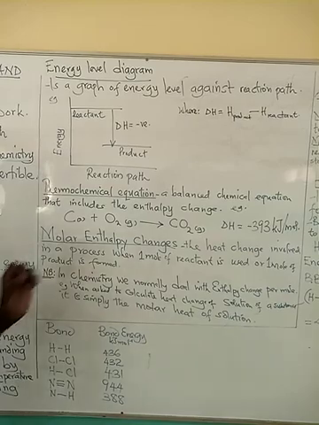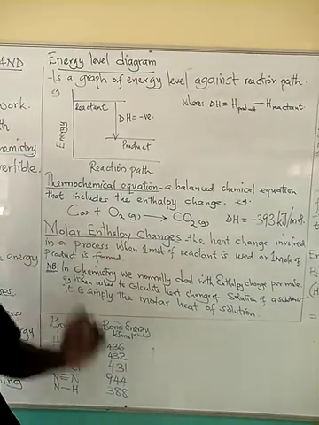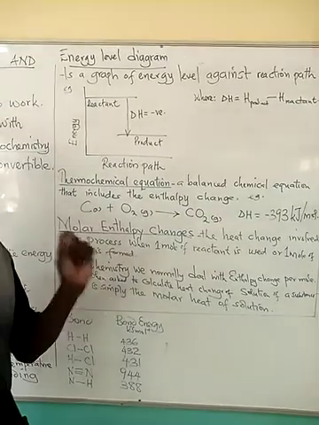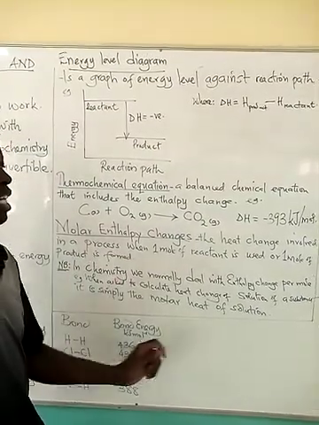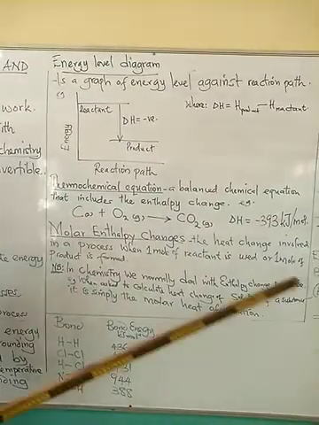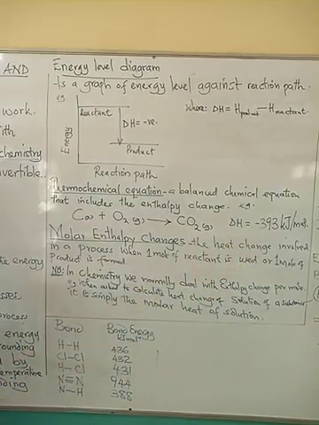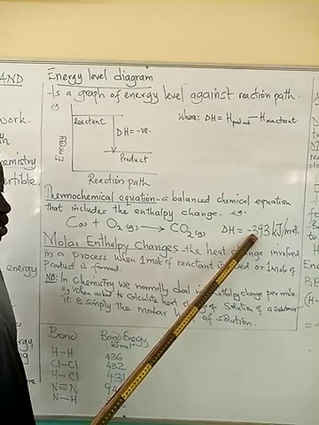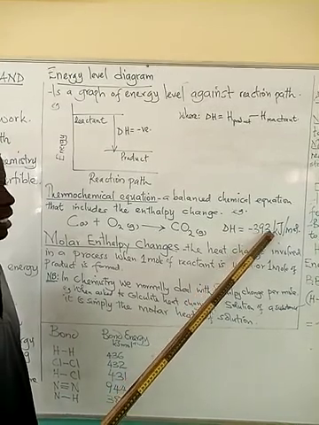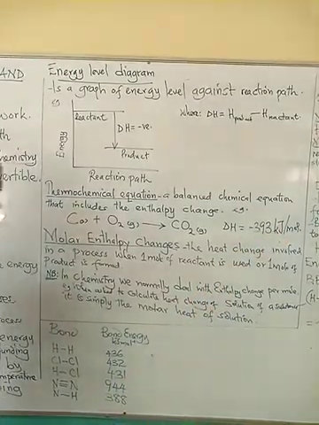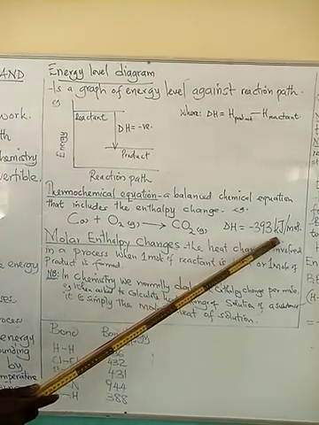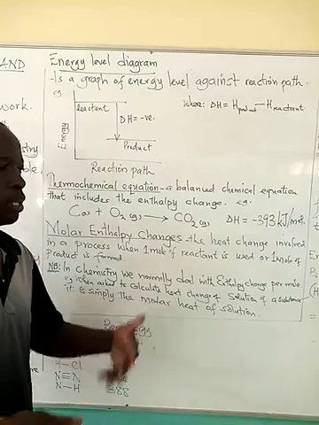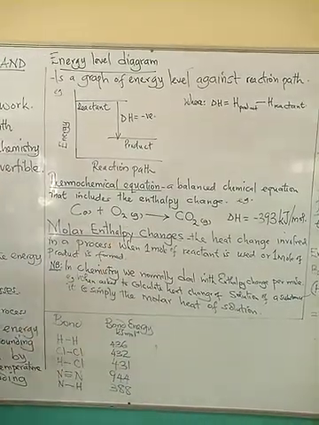To write a perfect thermochemical equation, the students need to write the chemical equation, balance it, give the state symbols, and then include the enthalpy change for their processes. Students, when you see a negative sign on an energy change, it shows that the heat change was exothermic, meaning the heat is released to the surrounding during the chemical process.